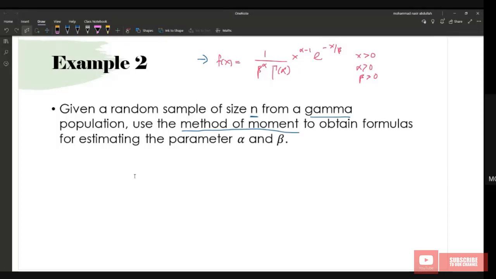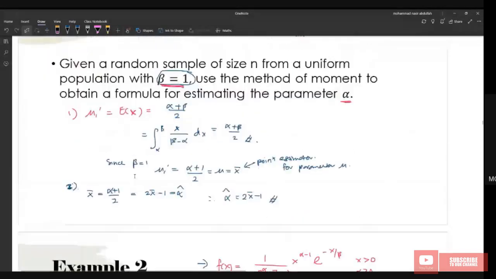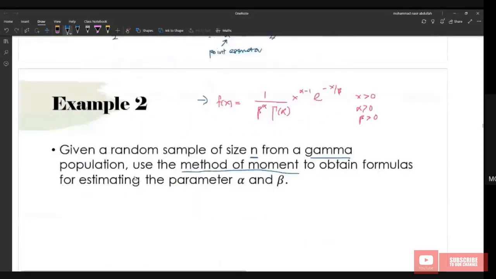Why should we put a hat to represent an estimator? This is the estimator for alpha, a point estimator, which is equal to 2x bar minus 1. That's why we put a hat.